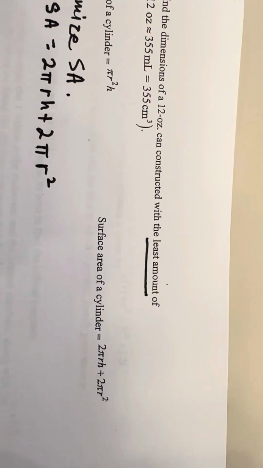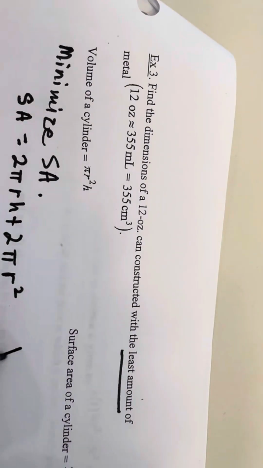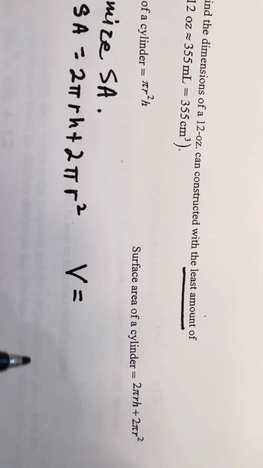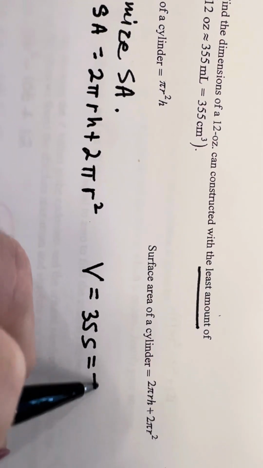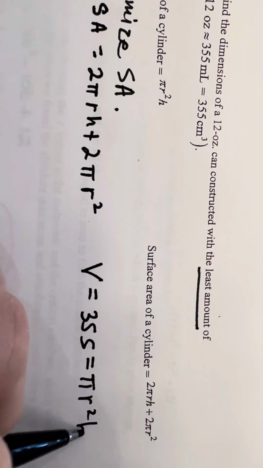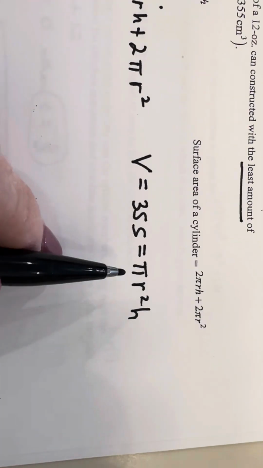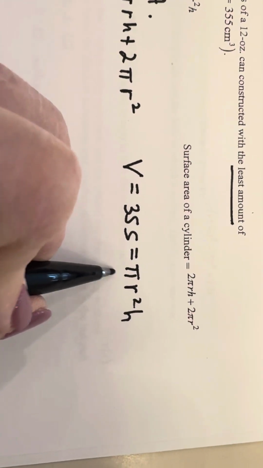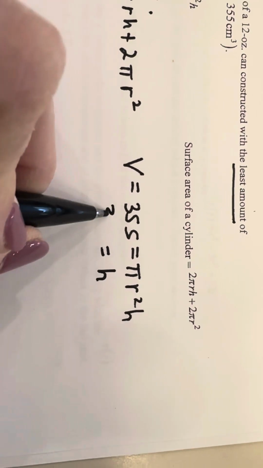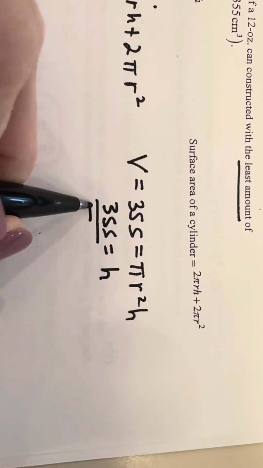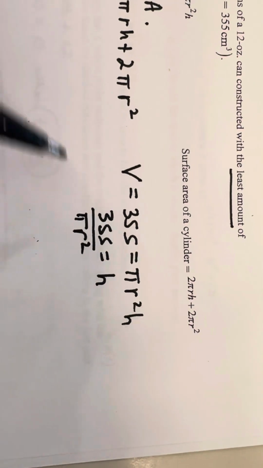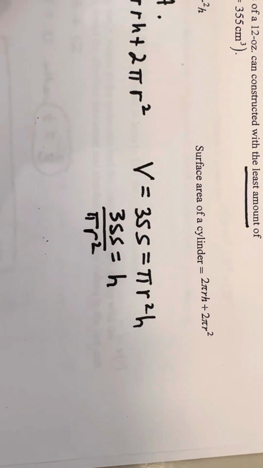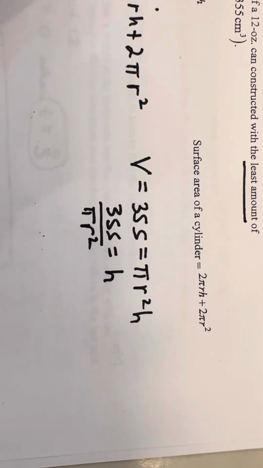Okay, so we know that the volume is given to be 355, and that is equal to pi R squared H. Solving for H in terms of R, I come up with that, and I'm going to take this and plug it in for H in the surface area formula.